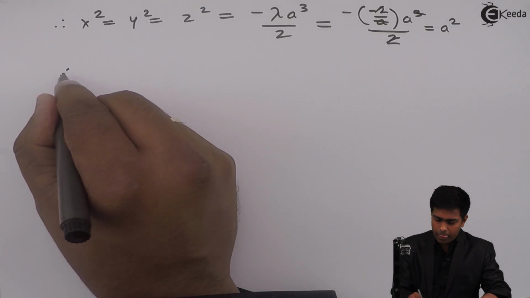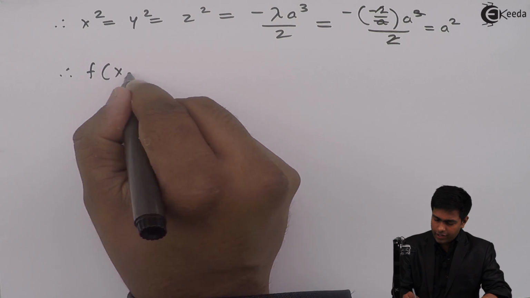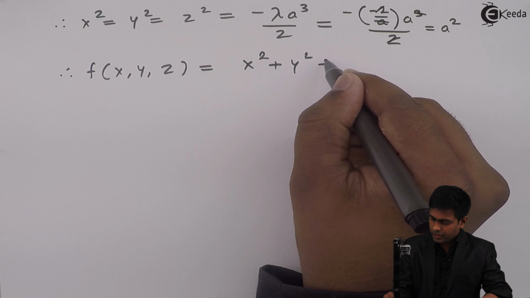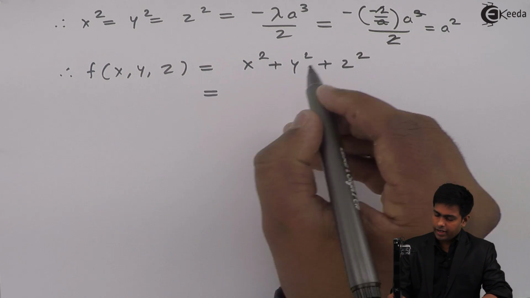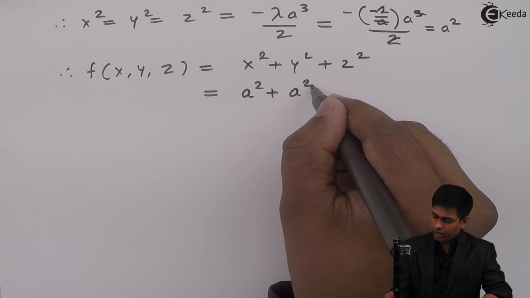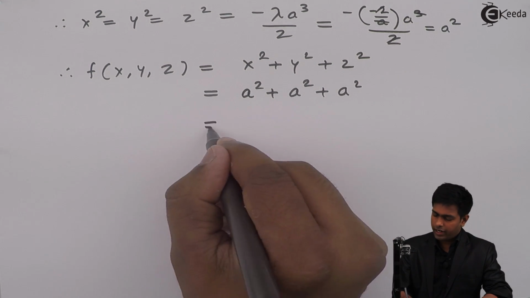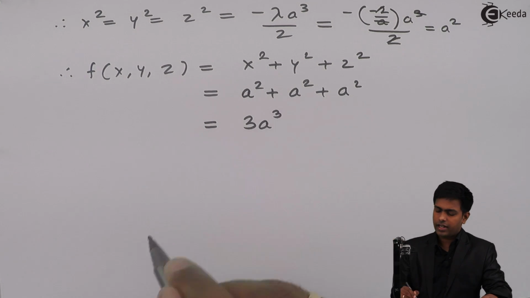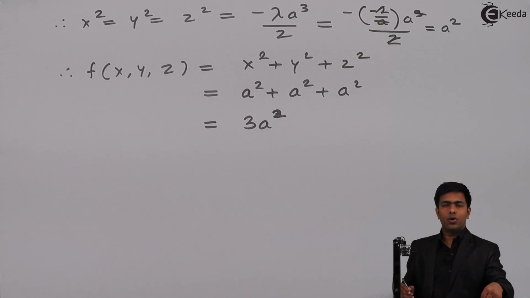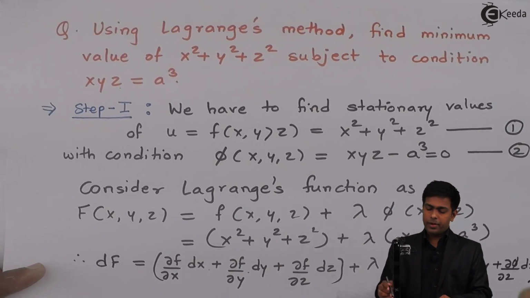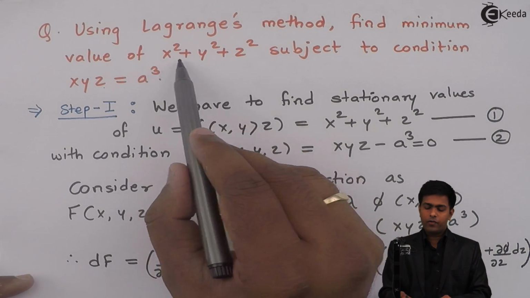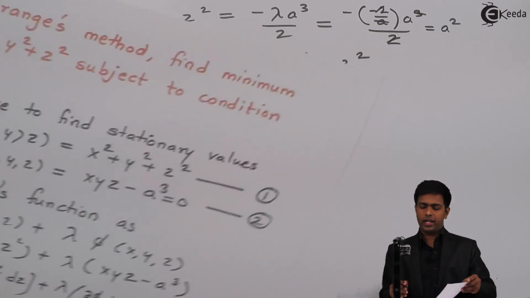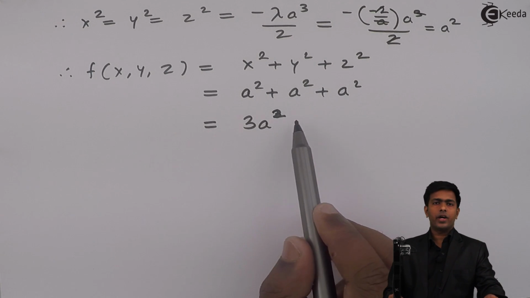So f of x comma y comma z will become x square plus y square plus z square, that is a square plus a square plus a square, and we will get the value of f of x comma y comma z as 3a square. So the minimum value of the given function subject to the condition xyz is equal to a cube is 3a square. Thank you.